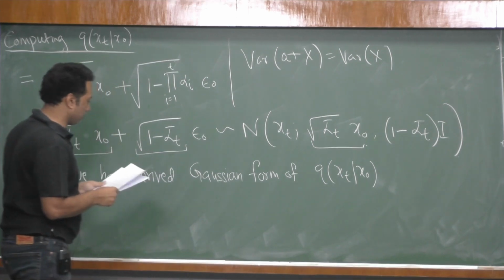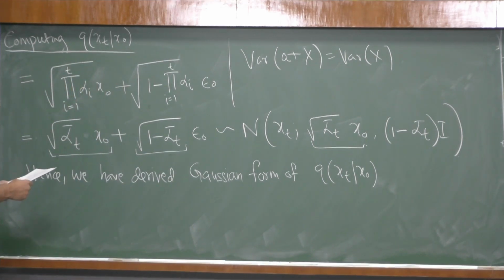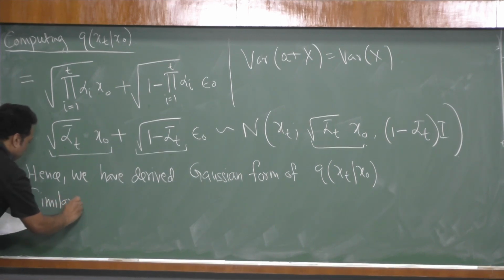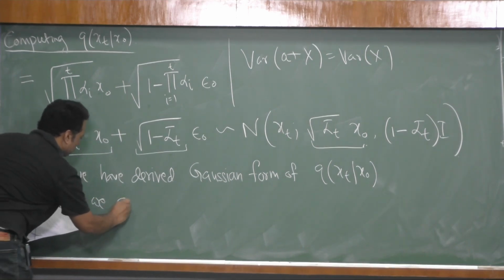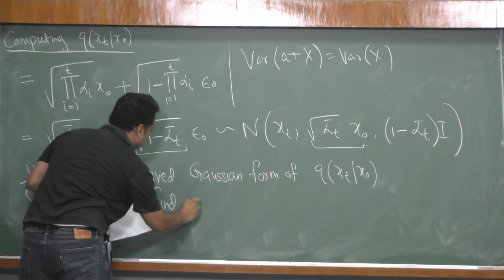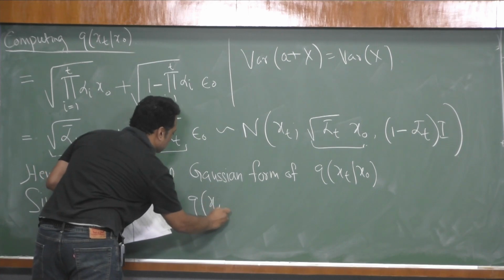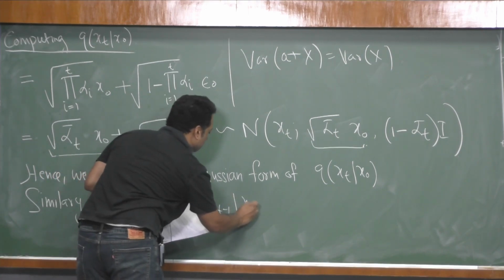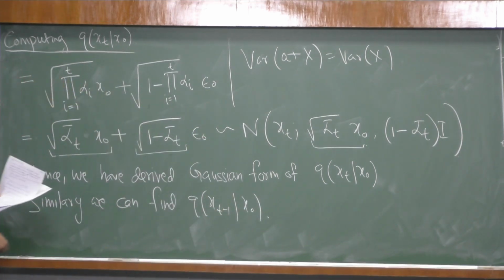Okay, and the same thing will apply for the other guy as well. So similarly we can find q of xt minus 1 given x naught. Okay, so these two terms are known.